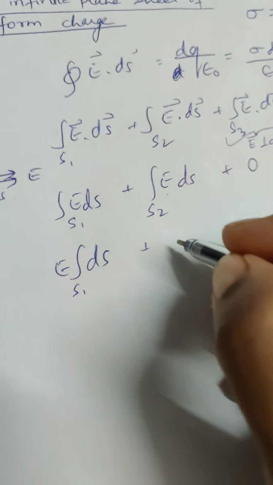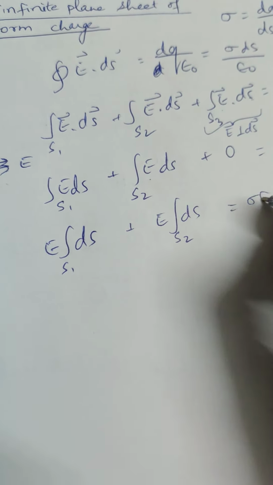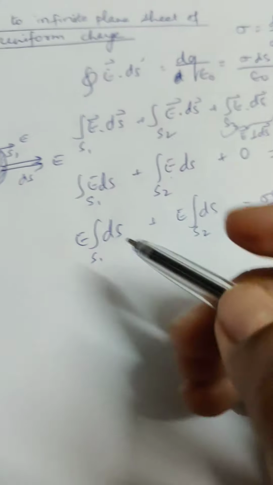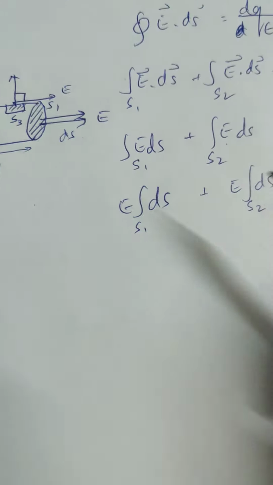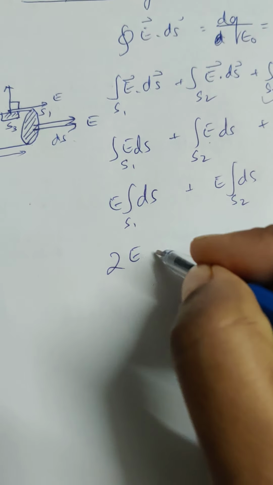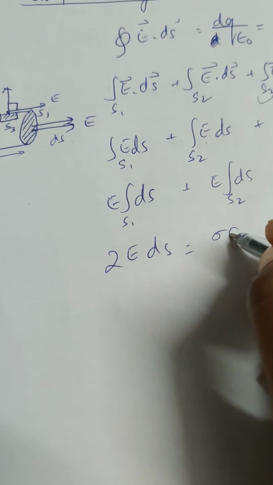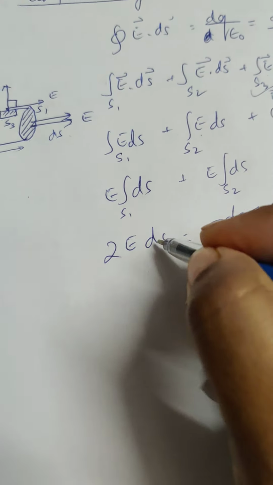Same way for S2 also, E integral ds for S2 is equal to sigma ds by epsilon naught. Now ds is only a small area, so the integral of ds we can write as ds only. This becomes 2E ds equal to sigma ds by epsilon naught. Now ds cancels.